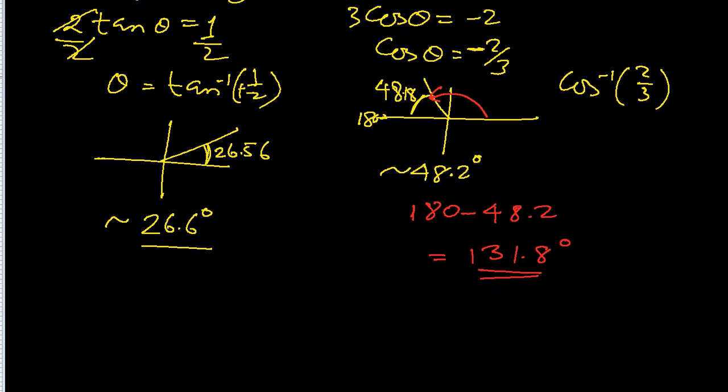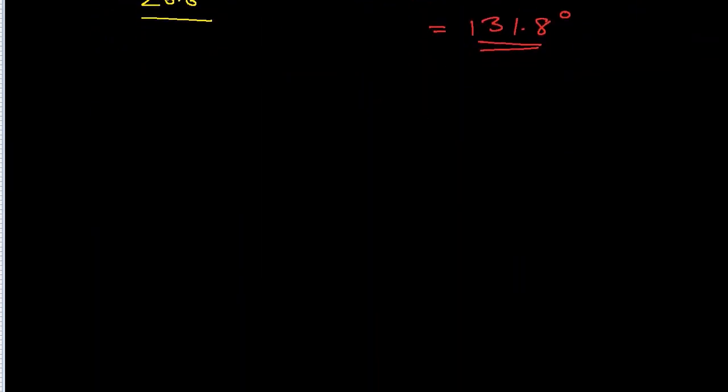So let's move on to the next question. Question number 4. The first term of an arithmetic progression is A. Okay, A1 is A. And the common difference D is minus 4. The first term of a geometric progression, so let me separate them, is 5A.